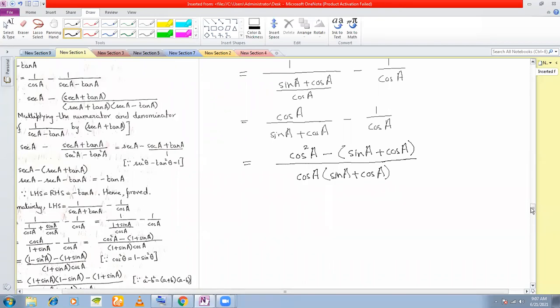Fine. Now we keep it as it is, because now it seems that we cannot do anything else with this, right? So what you do is you now move on to the right hand side. The right hand side was 1 by cos a minus 1 by sec a minus tan a.